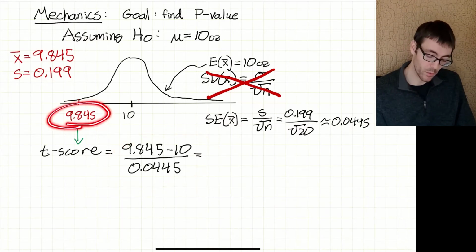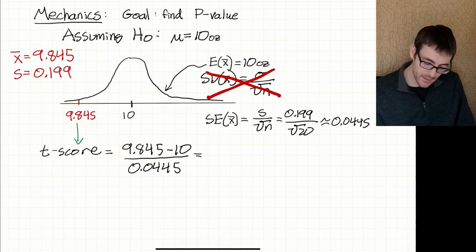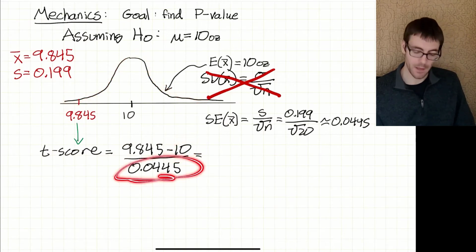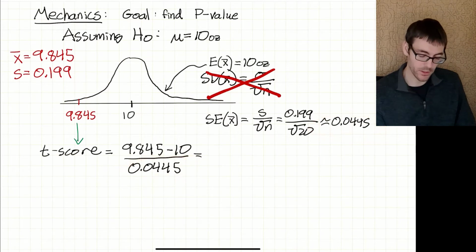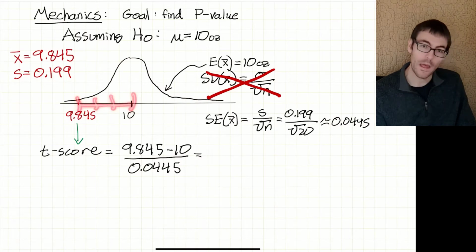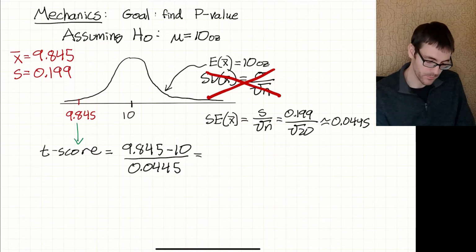Okay, so this format should look very familiar. We're taking the point in question, subtracting the mean of the distribution, and dividing by the standard deviation of the distribution. In other words, we're asking how many standard deviations away from the center, away from the mean, is this point in question.